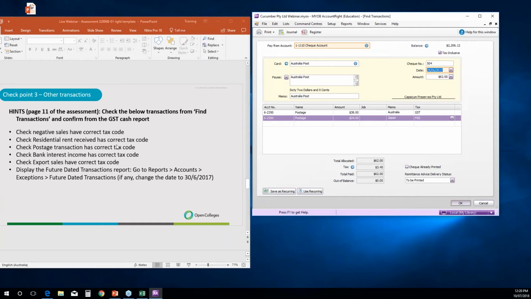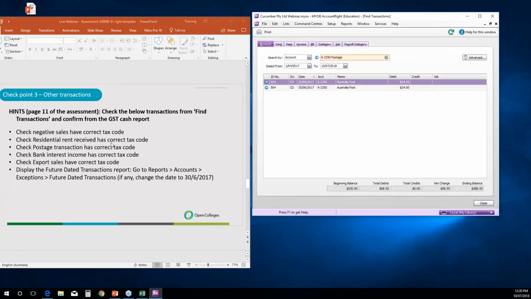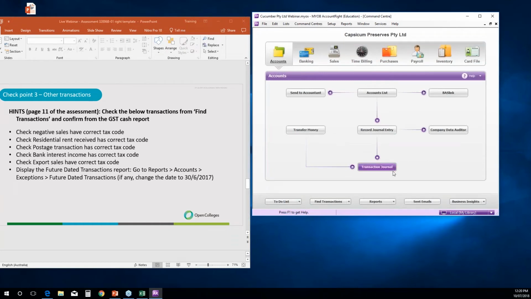And the rest, I will leave it to you, so you can go one by one and have a look, except for the negative sales, because we couldn't find it from here, right? And future dated transactions. Close it. So as I said, I will go to the GST cash report, because it says to have a look at the GST cash report.